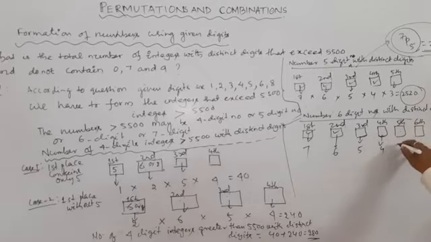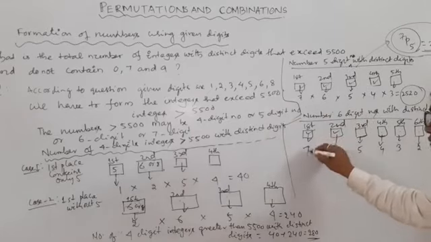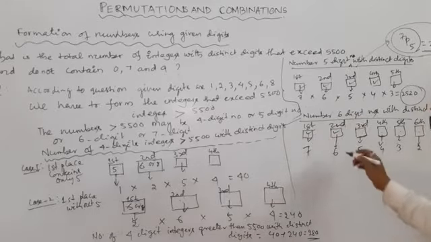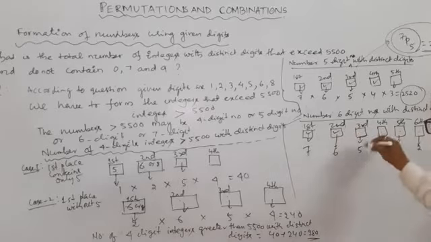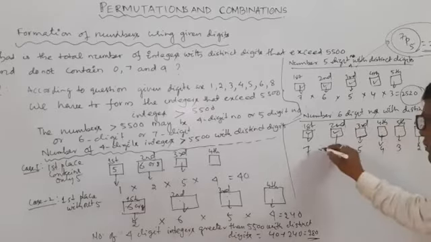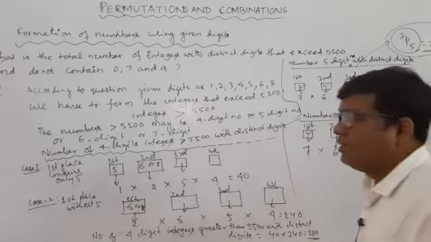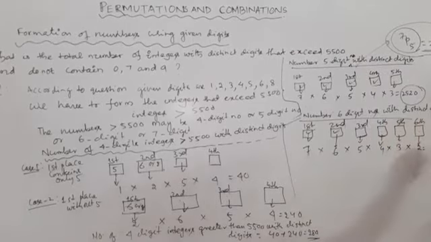Remaining 3, so 3 ways. Remaining 2, so 2 ways. By the fundamental principle it is multiplication, because each and every place requires a digit. Multiplying this, we get 5040.